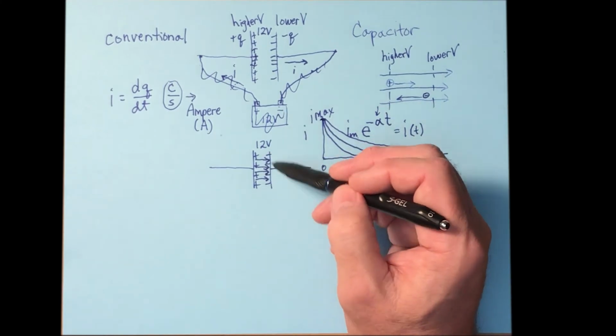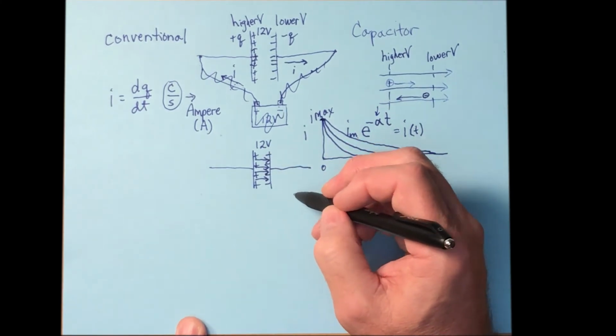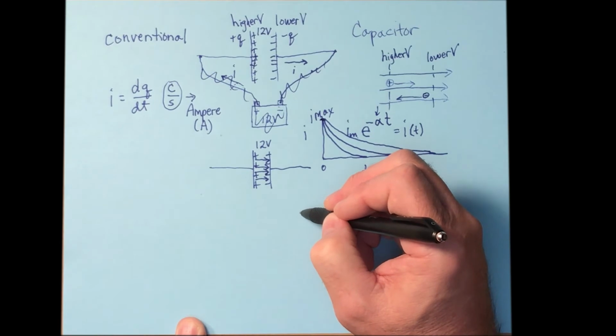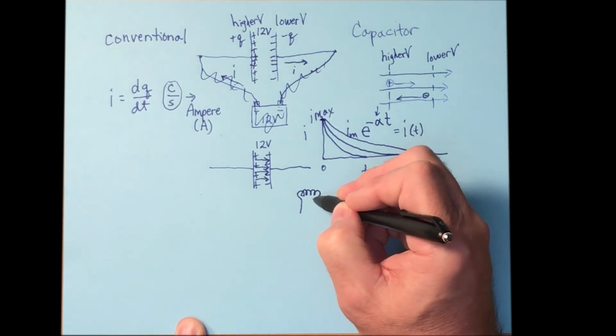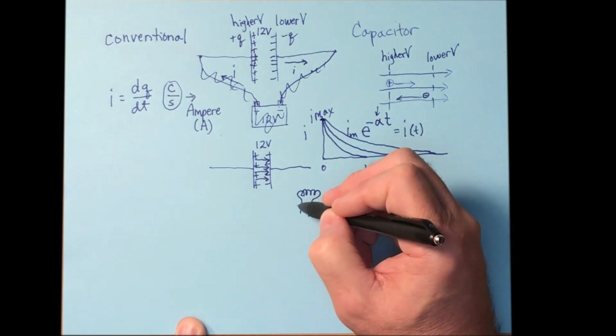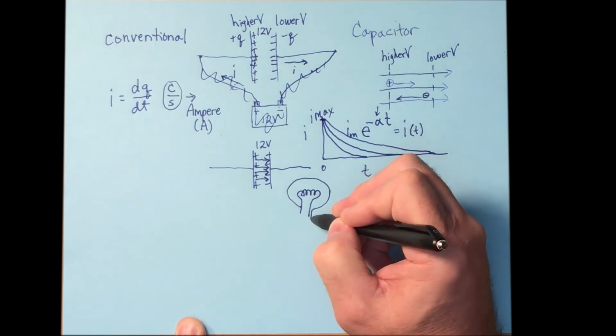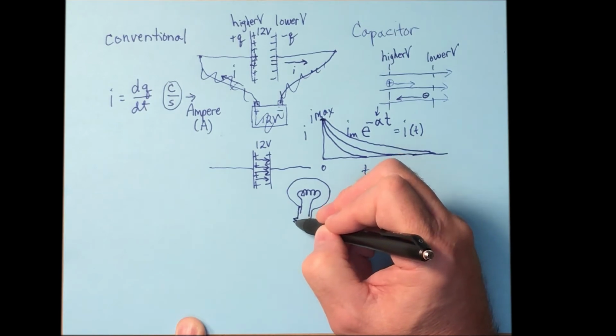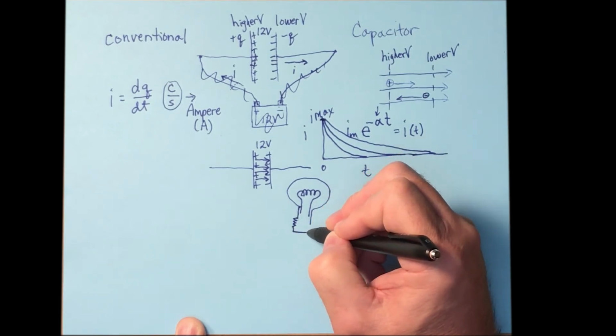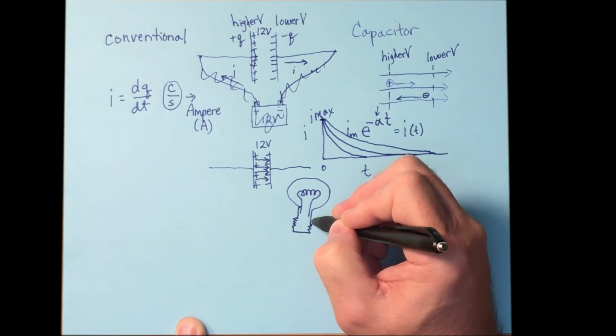But if I were to hook this up to, let's say, a light bulb, here's a filament for a light bulb, might look like that, this old school light bulb. And we'll enclose this in some sort of glass container here. And we'll make this like a flashlight light bulb, one that you would screw in.